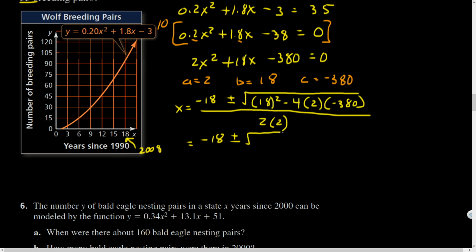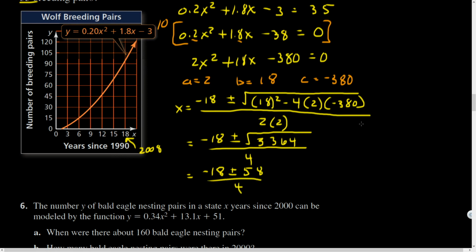So I'm getting the square root of 3364, all over 2 times 2 is 4. I'm just going to take the calculator's approximation of the square root of 3364. Oh wow, it happens to be exactly 58. Negative 18 plus or minus 58 divided by 4.